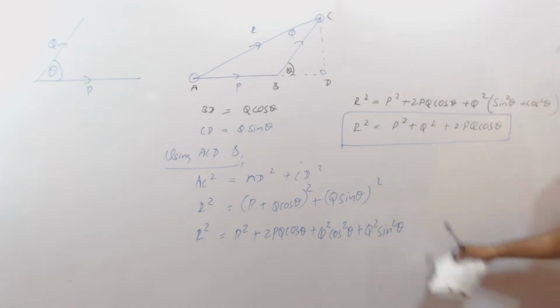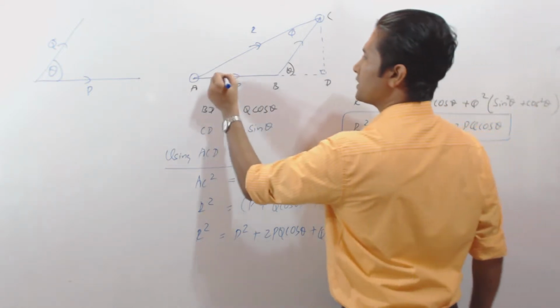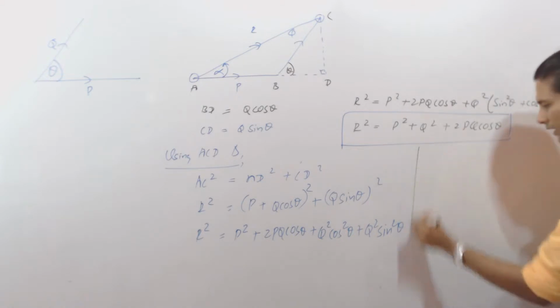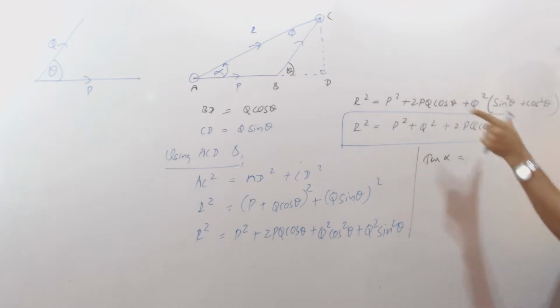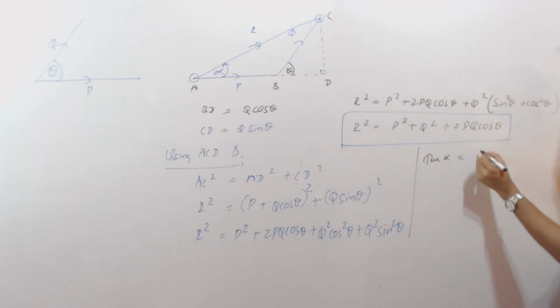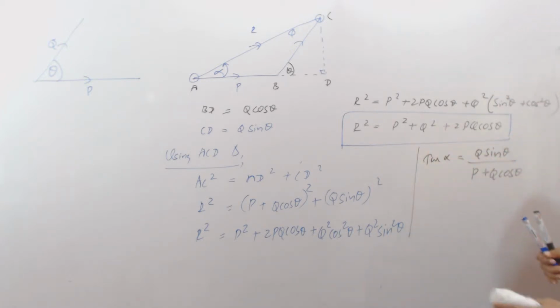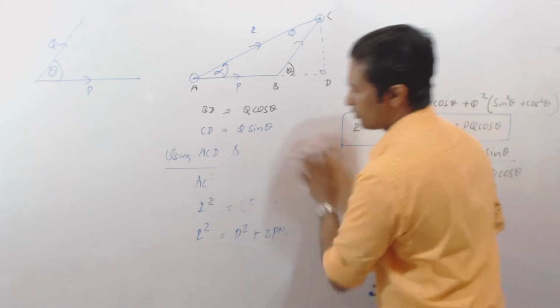Take the root, which gives you the magnitude of the resultant. In order to find this angle, take tan alpha equals opposite over adjacent. So opposite is Q sin theta divided by P plus Q cos theta. Now we can move on to an example in order to get the resultant.